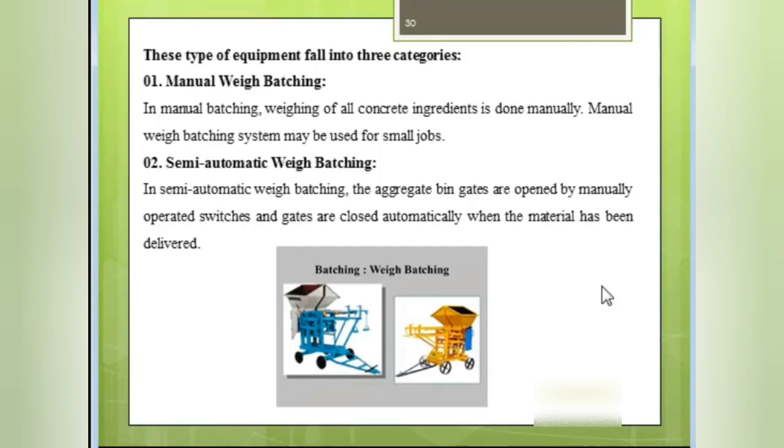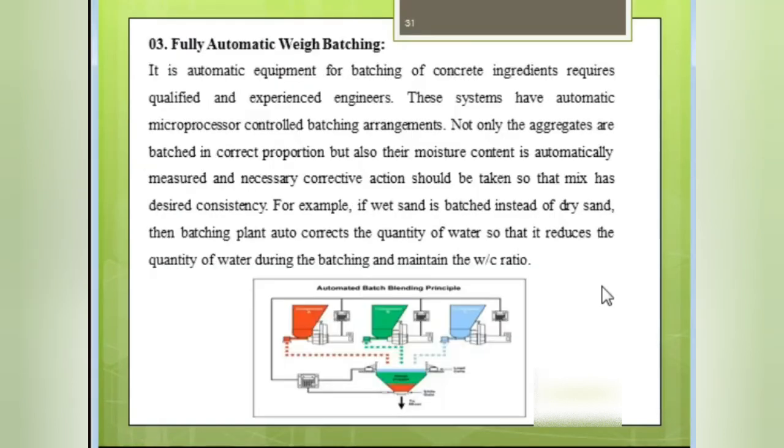Some electronic batching machines are available in the market. With the help of those, we have automatic or electronic weigh batchers, which can measure directly. Whatever the proportions of ingredients as per the mix design, we can put into that electronic machine.